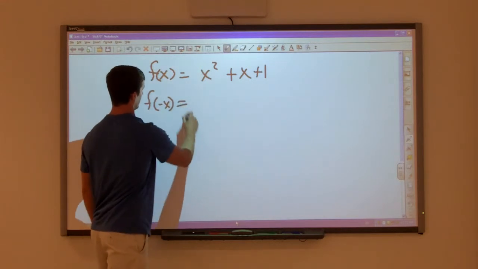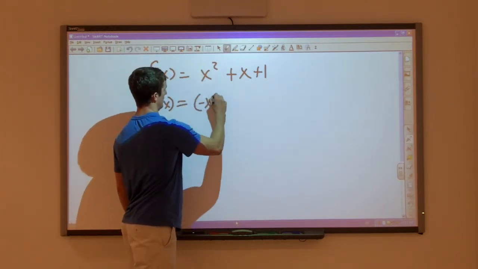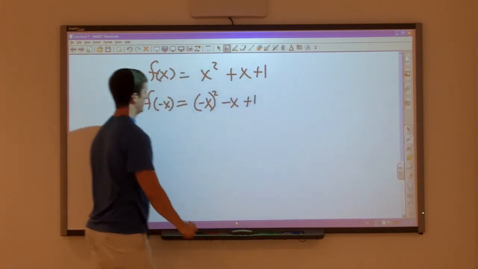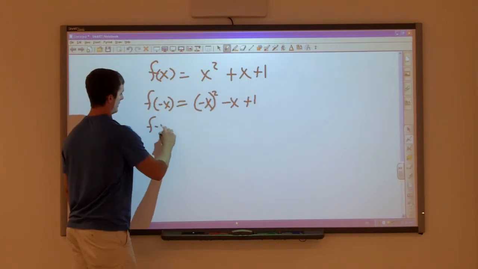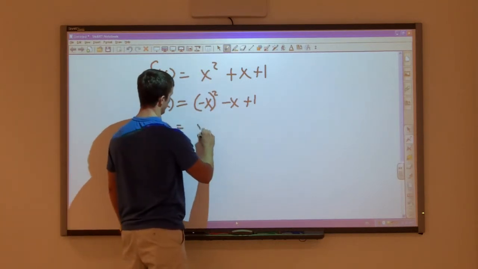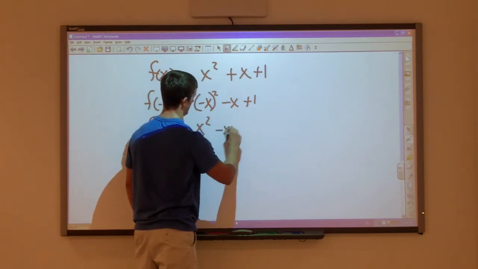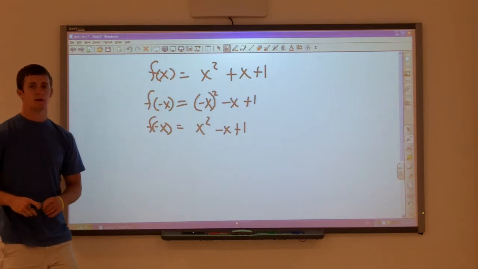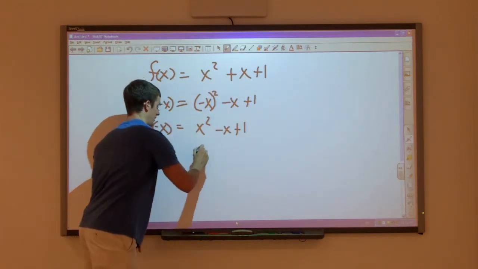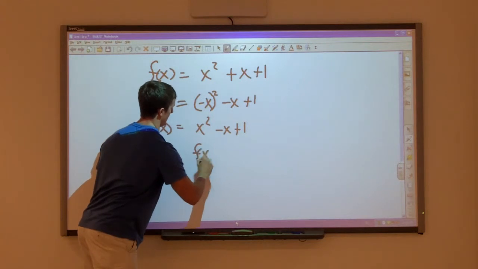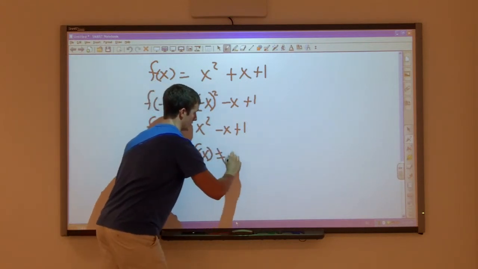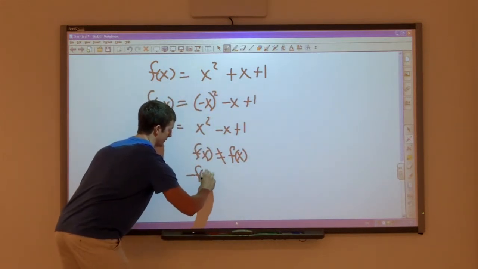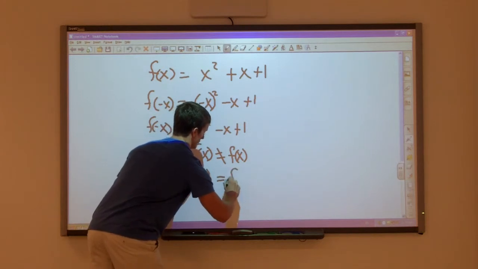If we do this, we'll see that we get, and when we simplify this, our answer for f of negative x is, and when we look at this, we can notice that our function is neither even nor odd, such that f of negative x does not equal f of x, and f of negative x does not equal negative f of x.